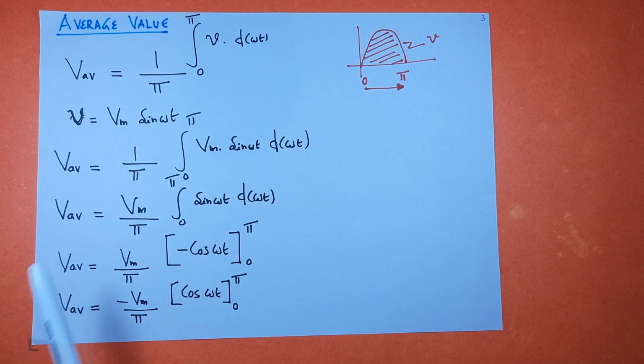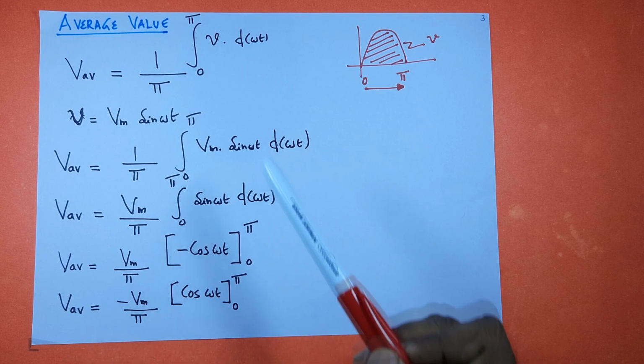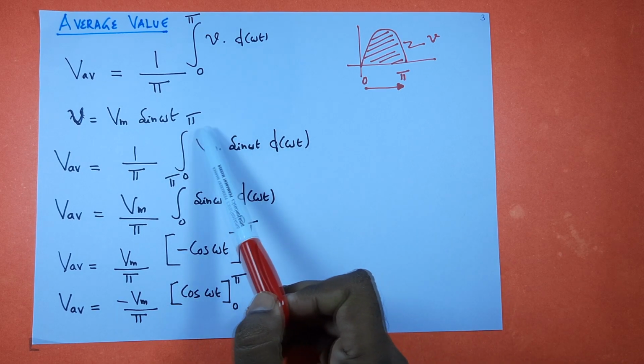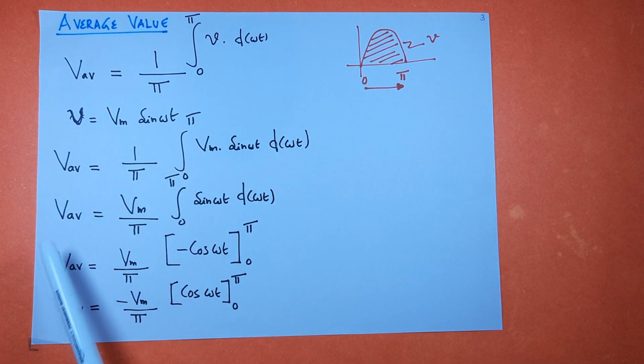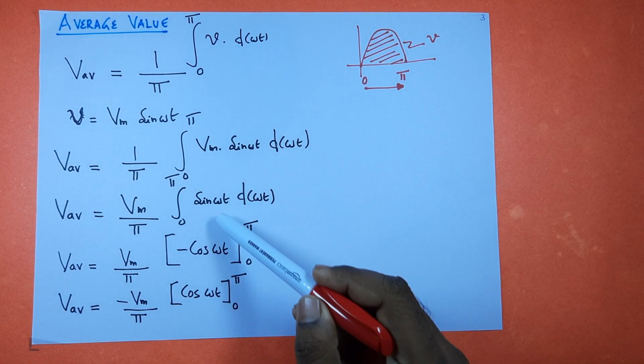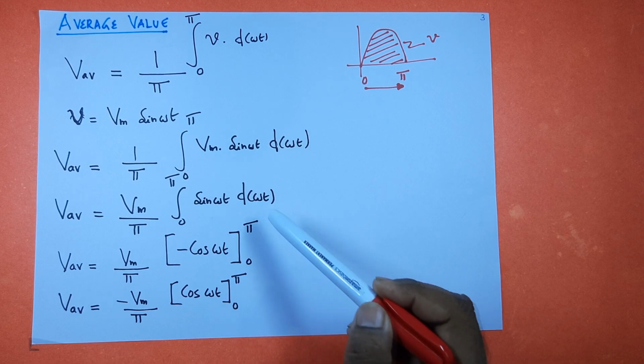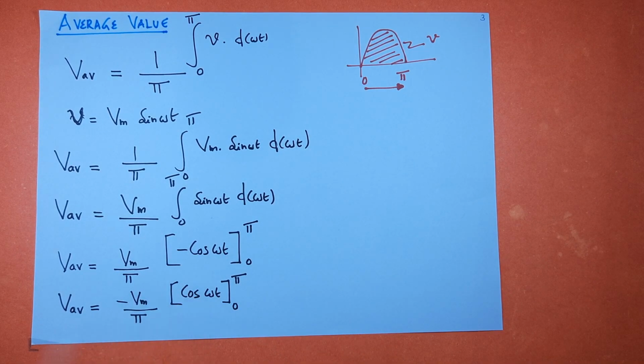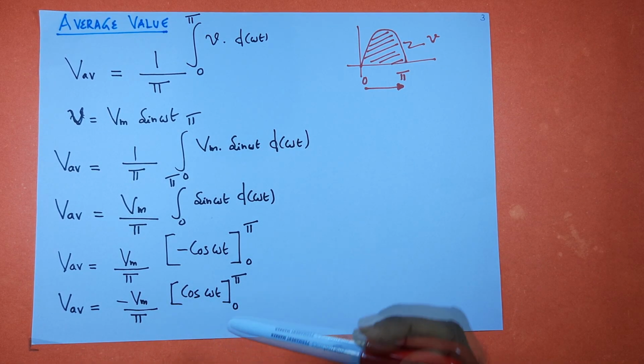We already defined v as Vm sin omega t. Substitute this here. V average equals 1 by pi integral 0 to pi of Vm sin omega t d of omega t. This Vm is constant, you take it outside. V average equals Vm by pi integral 0 to pi of sin omega t d of omega t. You integrate sin omega t, so you get minus cos omega t.